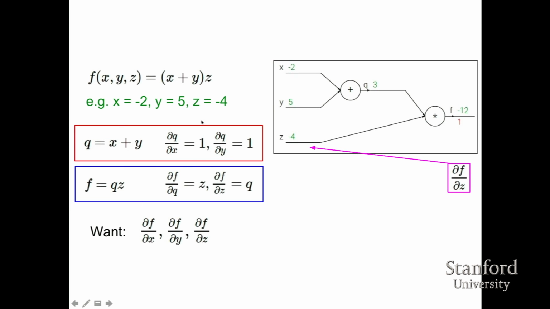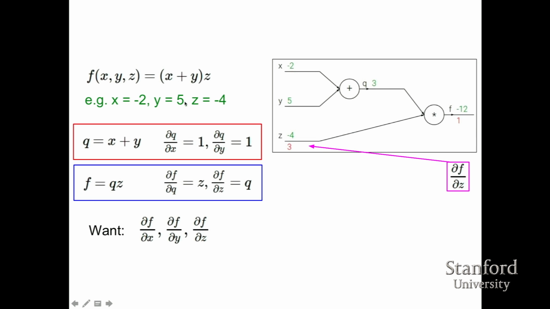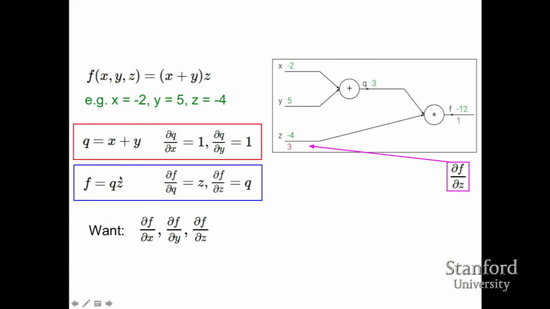Well, we wrote down here all our different derivatives. So df by dz is just q. And we defined q as x plus y, and x and y are minus 2 and 5. And so the gradient, or the partial derivative here, is just 3. All right. So far, it's very simple, q times the derivative of z.